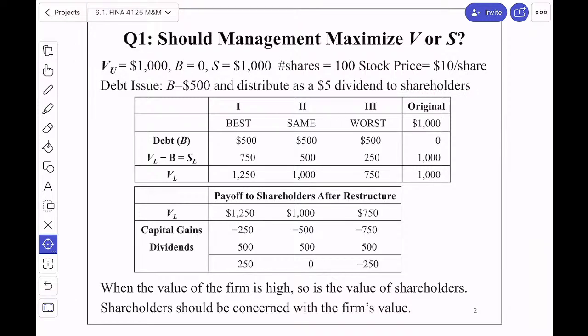So a dividend to each share would be $500. So in a way, taking on debt and then paying off shareholders is an incentive. Let's say this was the decision.